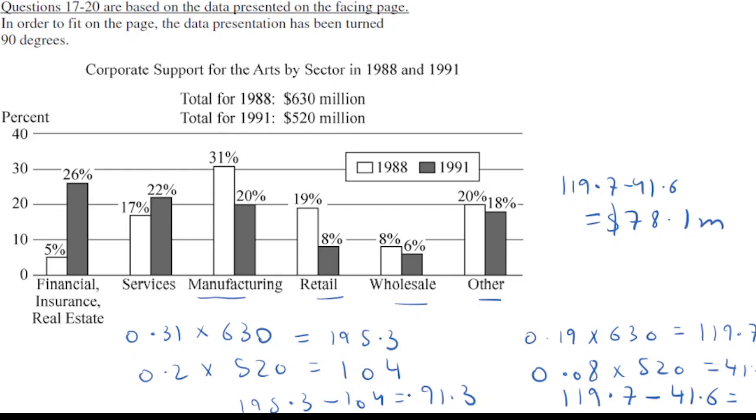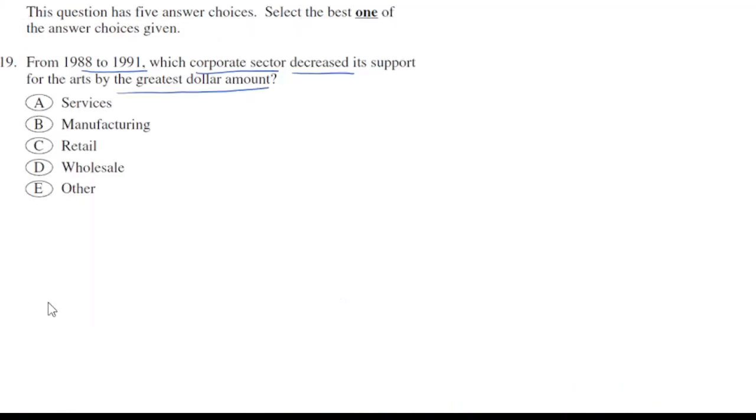And in the first case for manufacturing, it was $91.3 million. Since $91.3 million is greater than 78.1, the correct answer is manufacturing. If we go back to the options, we see that manufacturing is option number B. Hence, the correct answer is option B.